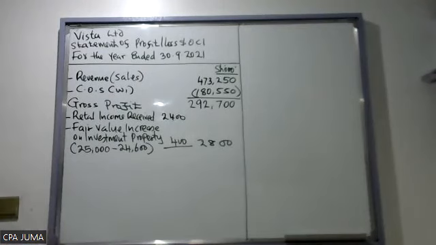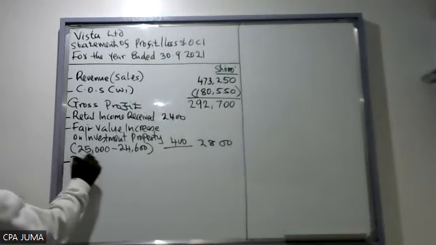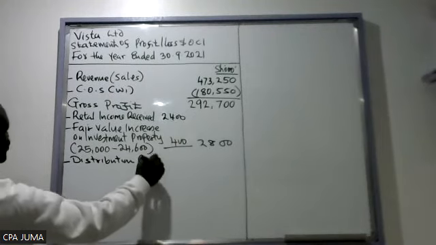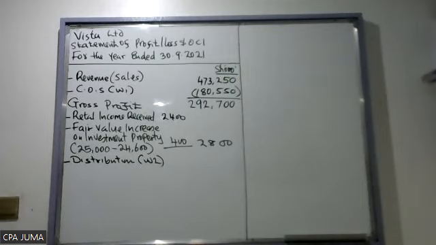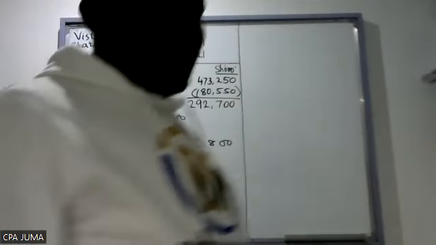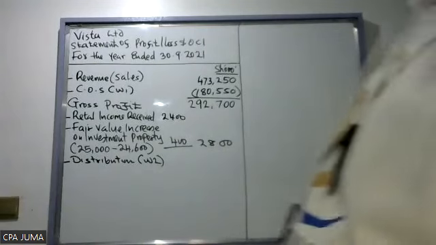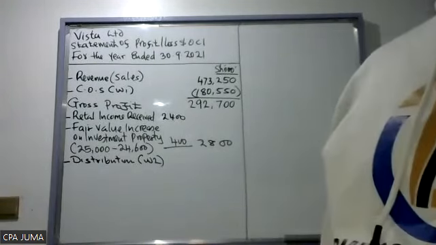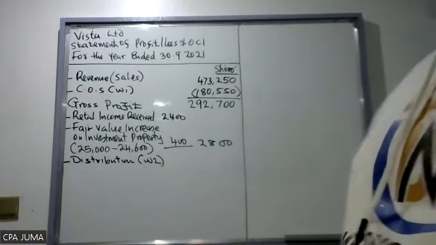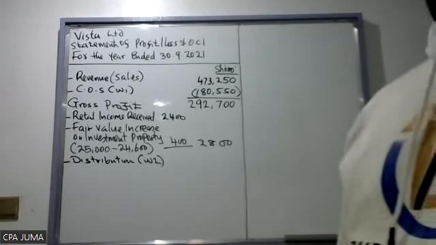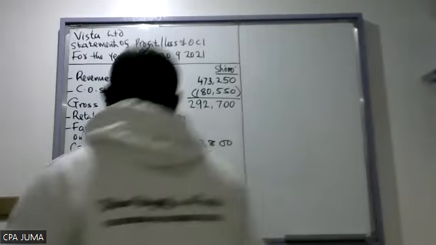Now go to distribution. Working 2. How much was it? You can assist me with the distribution answer. It was how much? 39,700.